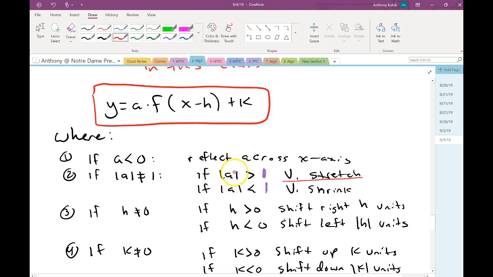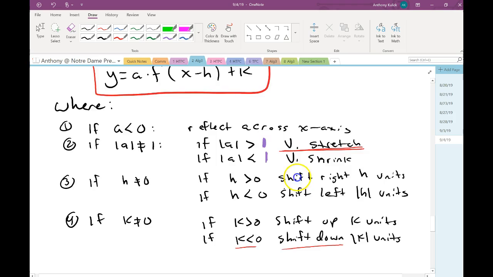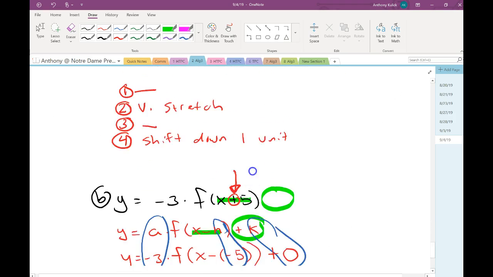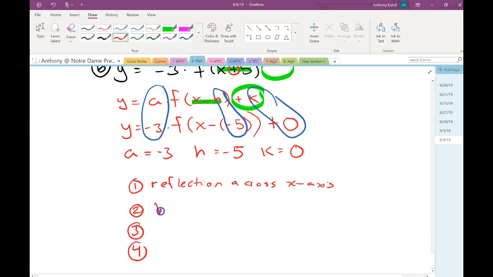And I know that 3 is greater than 1, so we should have a vertical stretch. Is everybody okay with that part? Okay.